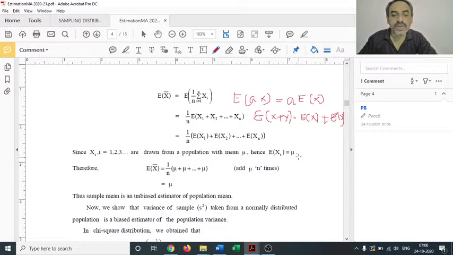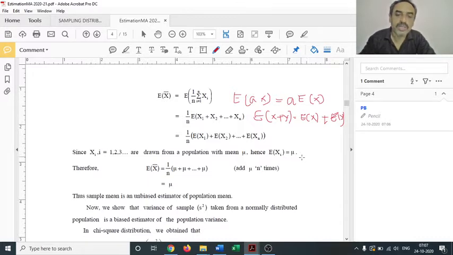Therefore, these x1, x2, etc., xn will inherit all the features, all the measures of the population. Individually, if you take x1, its expectation will be the expectation of the population, that is the mean of the population. That's why E of xi is equal to mu. Individually, if you take the variance of xi, it will be the population variance sigma square.